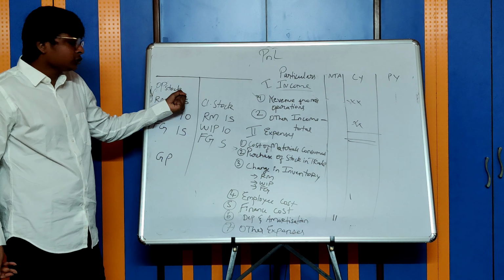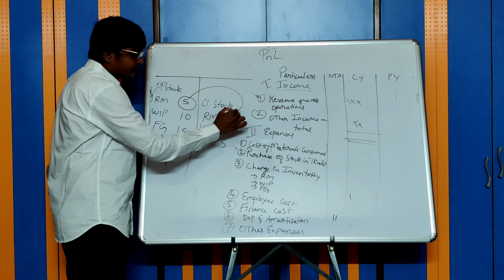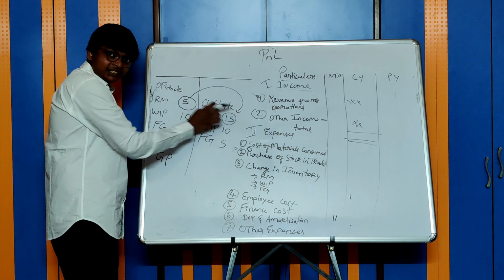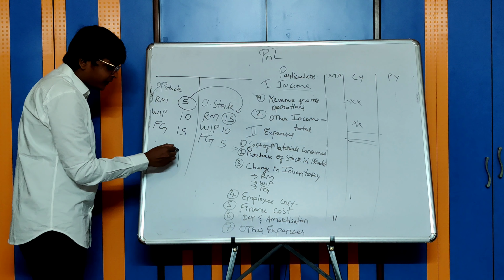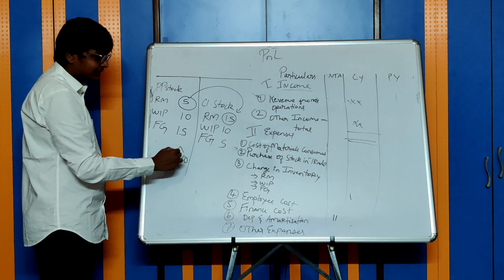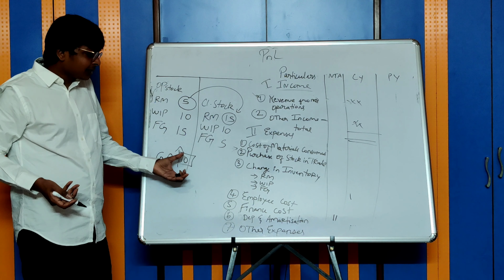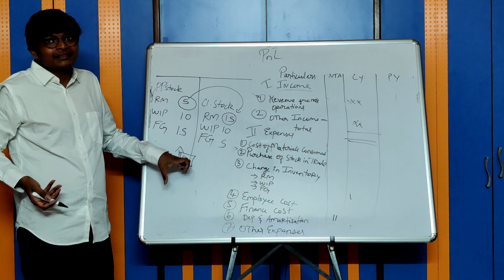If my opening stock of raw materials is 5 and closing stock is 15, because of this change, my gross profit will increase by 15 minus 5, which is 10. Hence, impact of raw material stock is increase in profit by rupees 10.